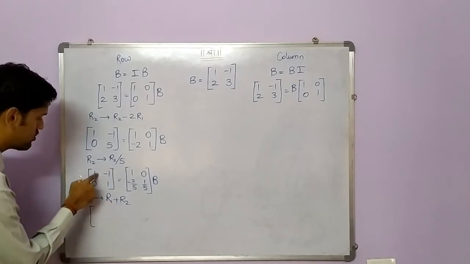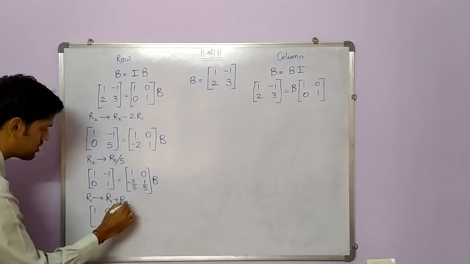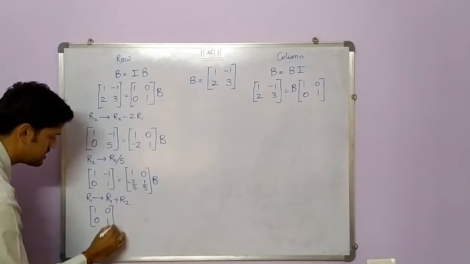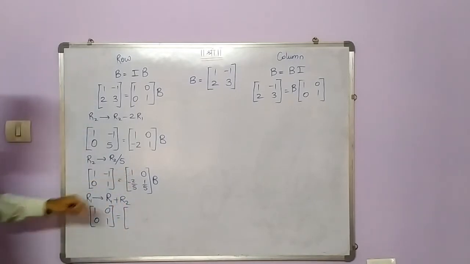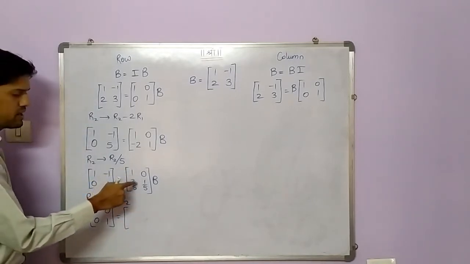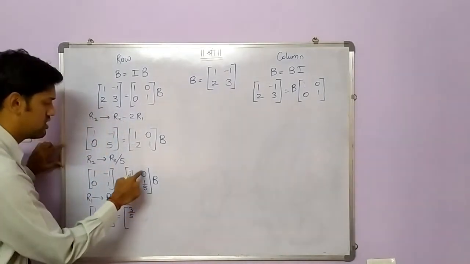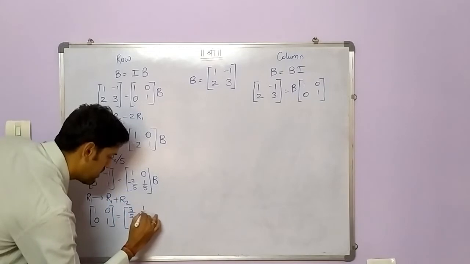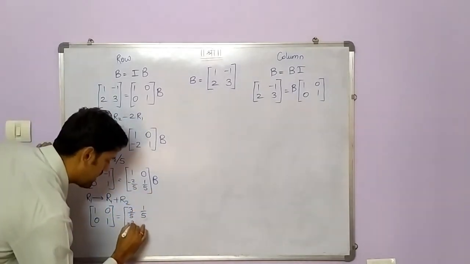So R1 plus R2: 1 plus 0 will become 1, minus 1 plus 1 will become 0. I am not changing R2, so it will remain as it is, equal to, here R1 is R1 plus R2, so 1 minus 2 by 5 will become 3 by 5. This plus this will become 1 by 5. Row 2 will remain as it is.